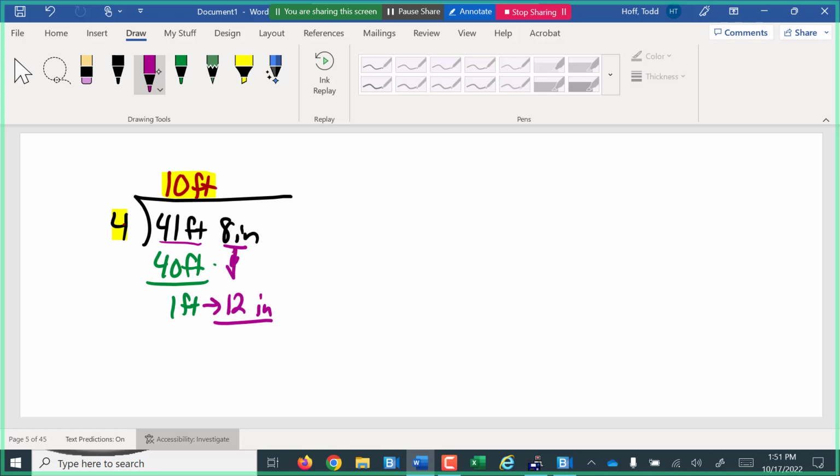Now I bring down the 8 plus the 12 gives me how many inches? 20 inches. Good. Now 20 inches divided by 4 is 5 inches. So if I have 41 feet 8 inches and I cut it into 4 equal pieces, each piece will be 10 feet 5 inches.